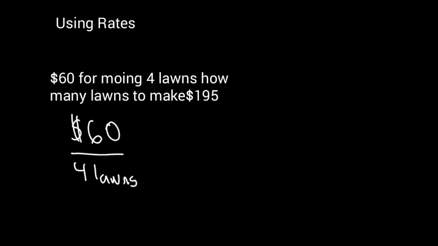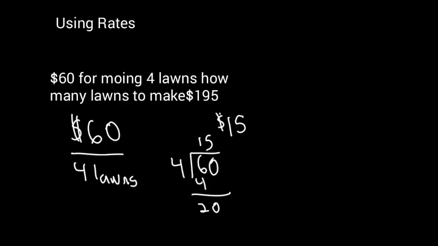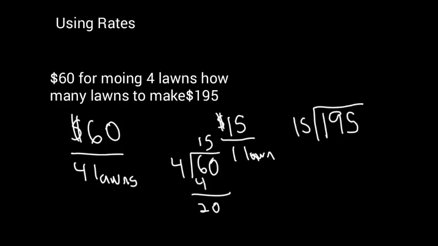So I make that a unit rate by dividing by 4. And 60 divided by 4 goes in once, subtract, 4 goes into 20 5 times. So I have a unit rate of $15 for 1 lawn. And so I want to know how long it will take to make 195, so I can take that 195 and divide it by my unit rate of 15 to figure out how many lawns I'd have to mow to make $195.